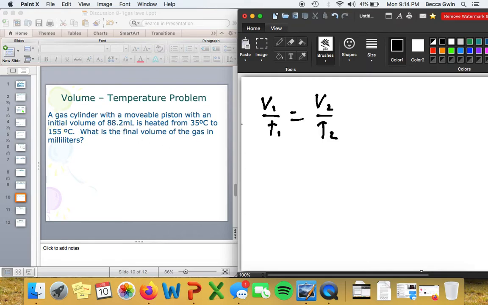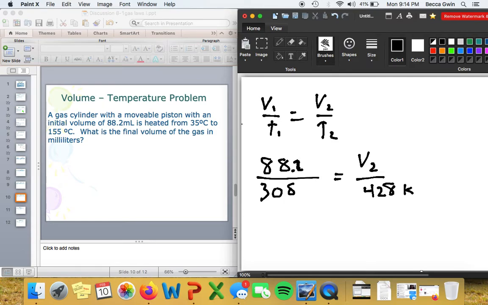Our initial volume is our 88 milliliters. That is over our initial temperature. Remember, we want to convert this to Kelvin. This happens to be 308 Kelvin. We are looking for our second or final volume, and it is over 428 Kelvin.